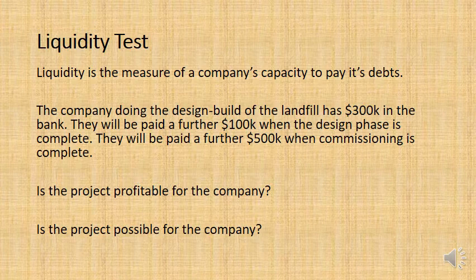And then when the commissioning is finished, when the entire project is finished, they're going to pay us an extra $500,000. So we're going to be paid $600,000 in revenue. So I've got a question for you. Is the project profitable for us as a company?